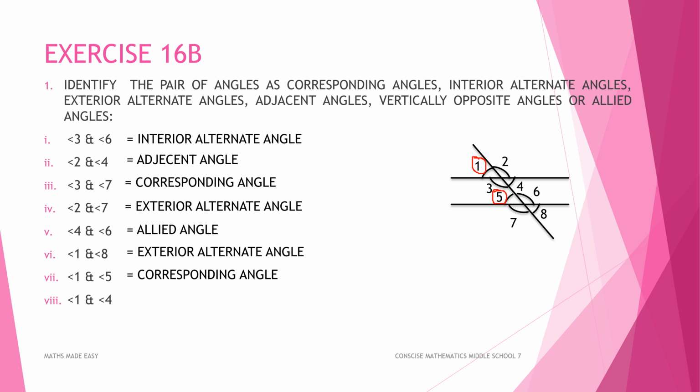Eighth one, 1 and 4. I'll erase just 5 and let me circle this 4. Just look at angle 1. It is towards the external and this is towards the internal, right?